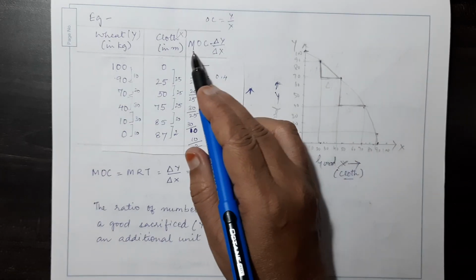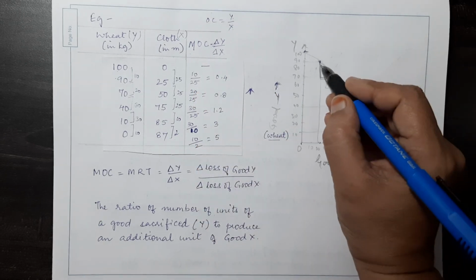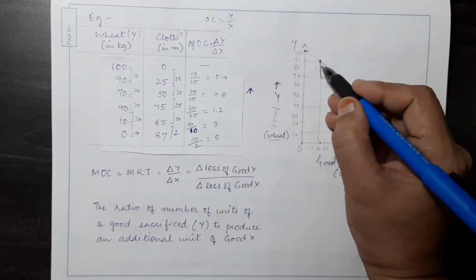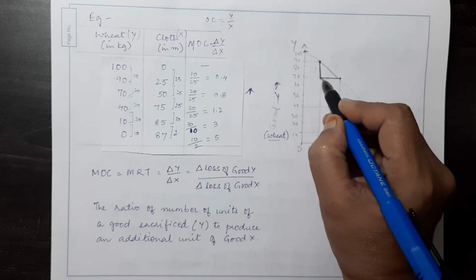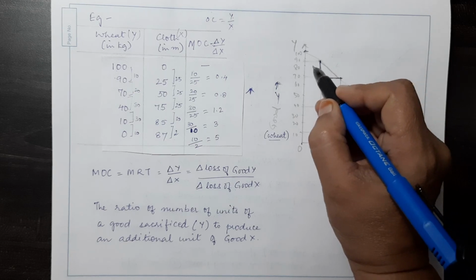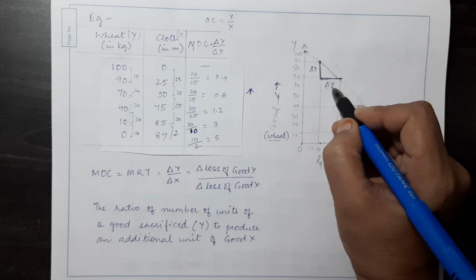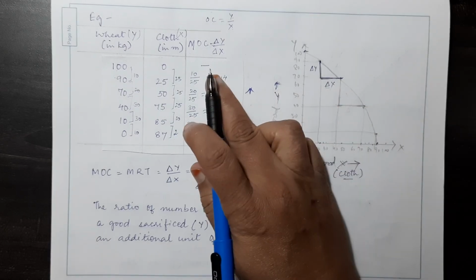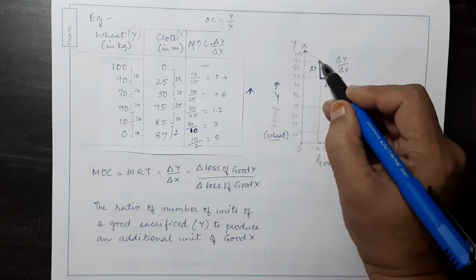Now, let us observe this MOC, that is marginal opportunity cost. What is it given by? That means this much of Y we have foregone to produce this much of X, isn't it? So here this will be called delta Y and this will be called delta X. So the marginal opportunity cost is given by delta Y by delta X. What is this delta Y?